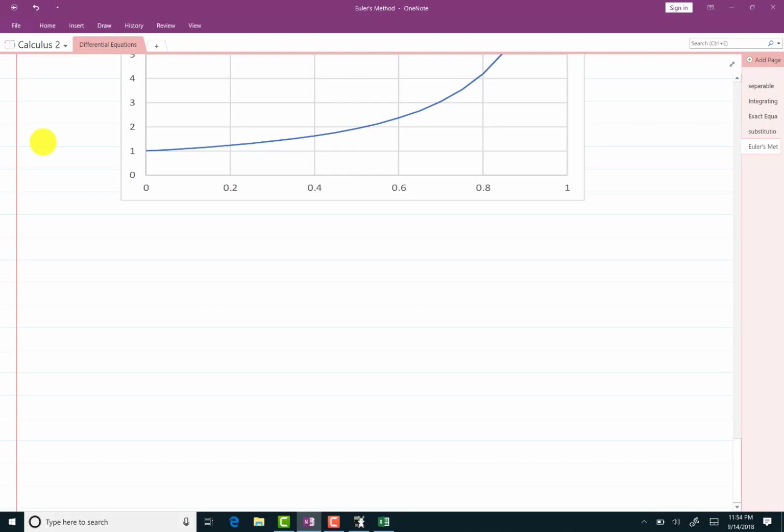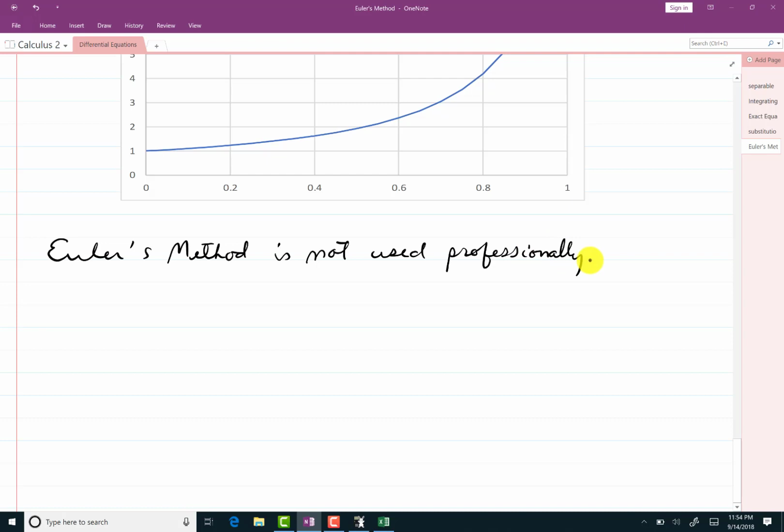Now, Euler's method is not used professionally. The only reason I'm mentioning that is better methods have been used.